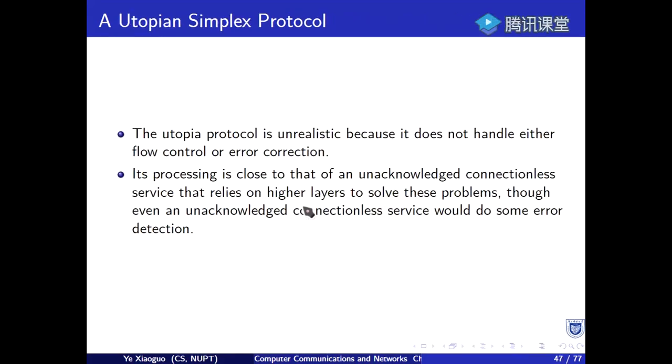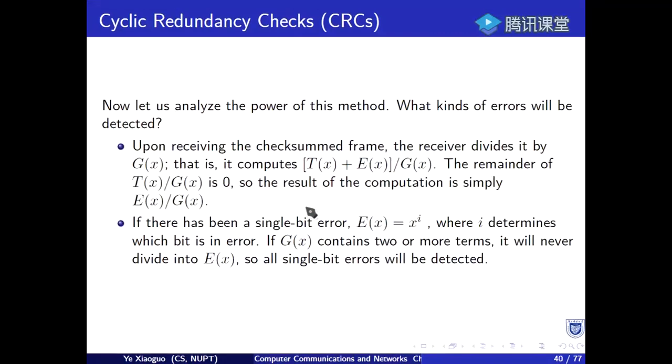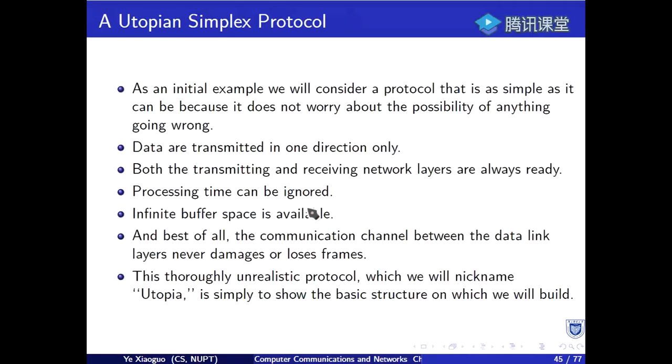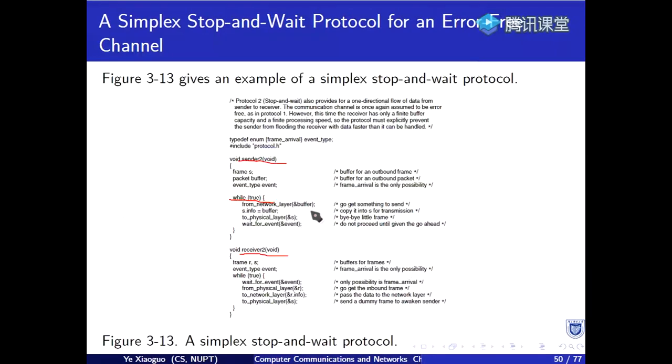That means the sender has much information to send. Step one, from network layer, means the data link layer gets a packet from the network layer.